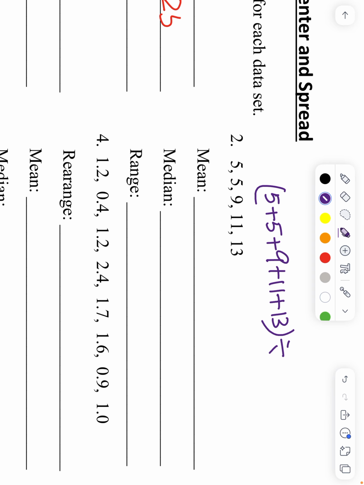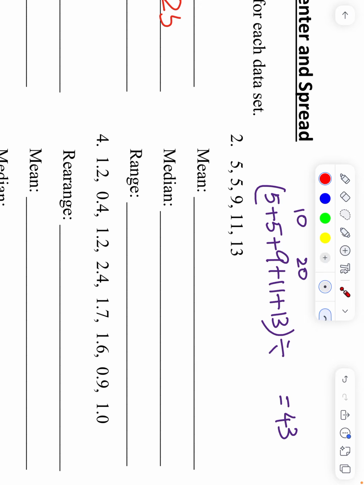No, you can just use a calculator. 5 plus 5 is 10, 9 plus 11 is 20, so 10 plus 20 is 30, and 30 plus 13 is 43.